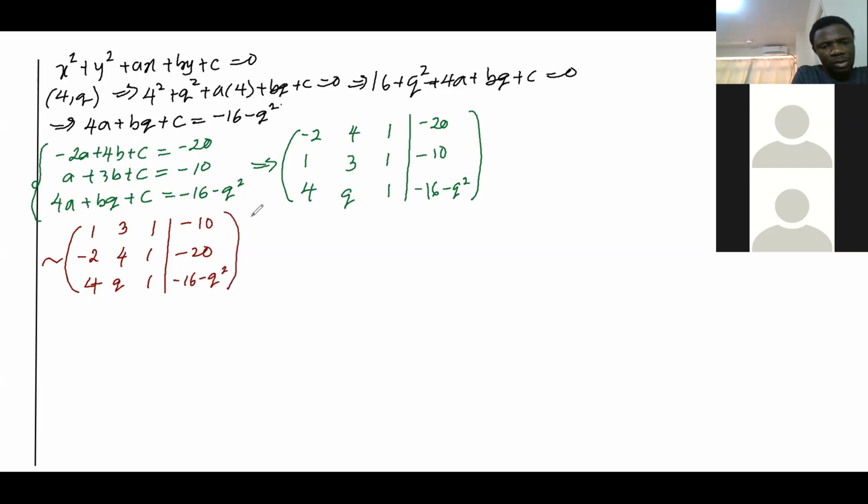So what we have done is row 1 and row 2 interchanged. Questions? No? Okay. So we move on.